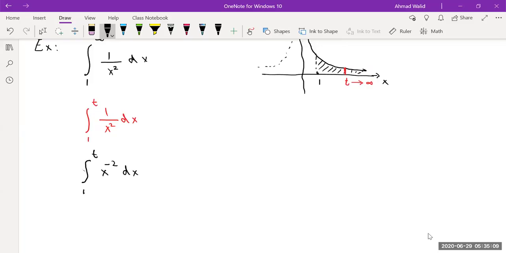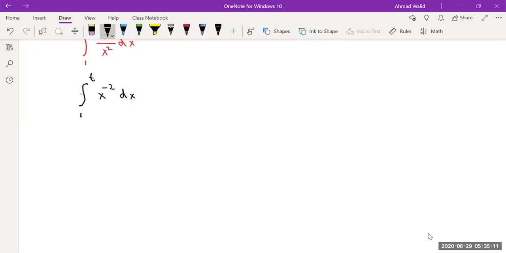Now it's easy to find this integral. What is the integral of x to the power of -2? You add 1 to the exponent, which gives you x to the power of -1 over -1, from 1 to t. Rewriting this in a nice way, it gives you -1 over x from 1 to t.